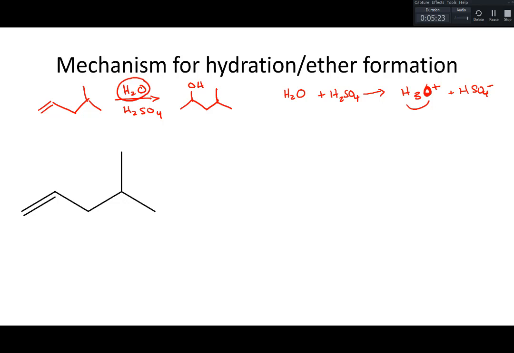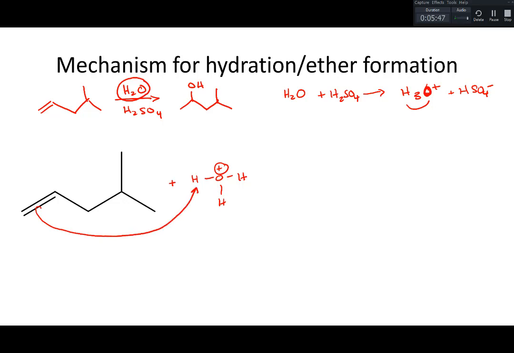Now, I'm going to add that to the reaction over here. I have H3O plus, and so I'm going to draw it out like this. And remember, that positive charge makes this hydrogen more electrophilic because these electrons want to pull back to this positive charge. So what's going to happen is the pi bond's going to break.